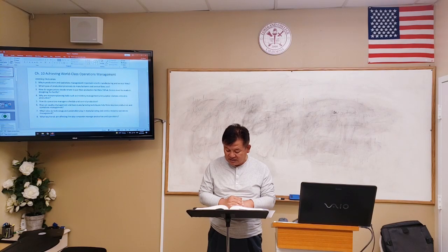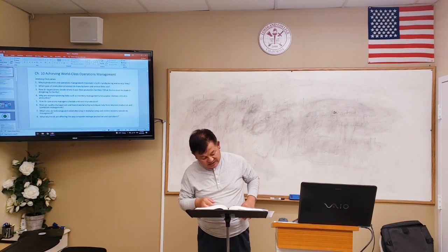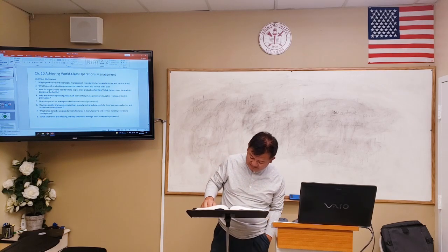And what key trends affect the way companies manage production and operations? I said several times, the final chapter of this textbook is about future trends. This chapter also covers the key trends for the future.